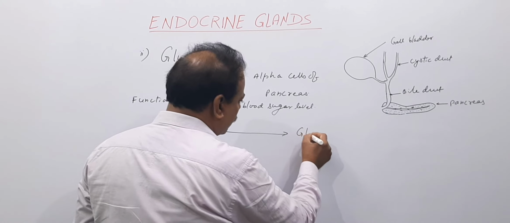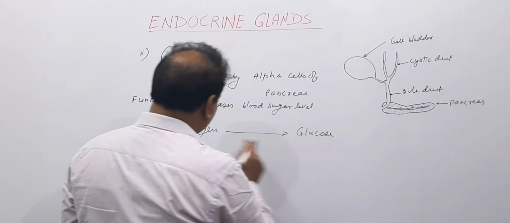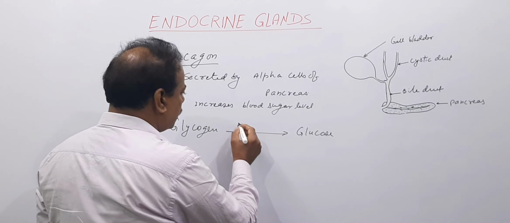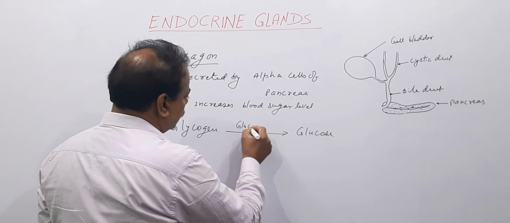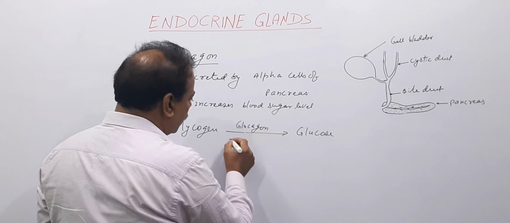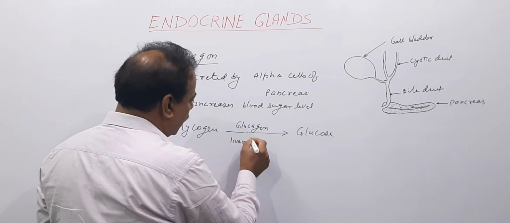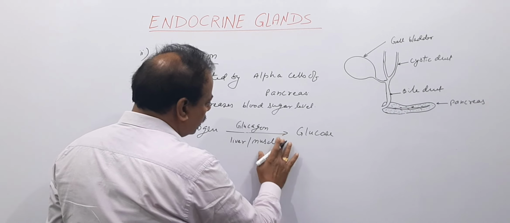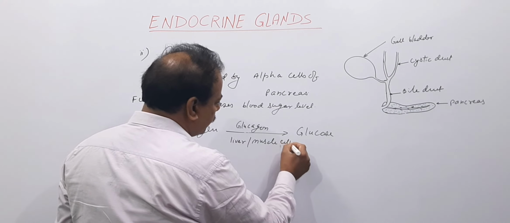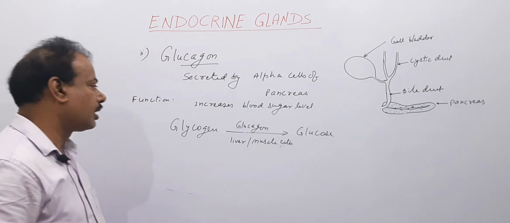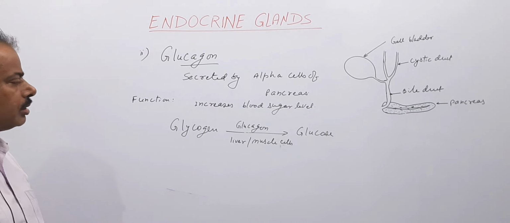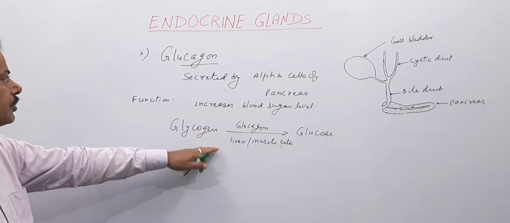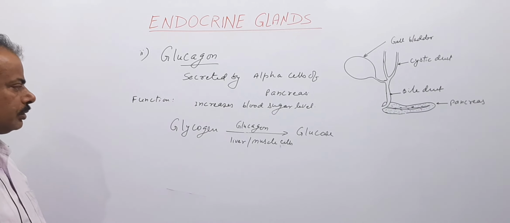So the conversion of glycogen into glucose is stimulated by glucagon in the liver and muscle cells. This is the function of glucagon.